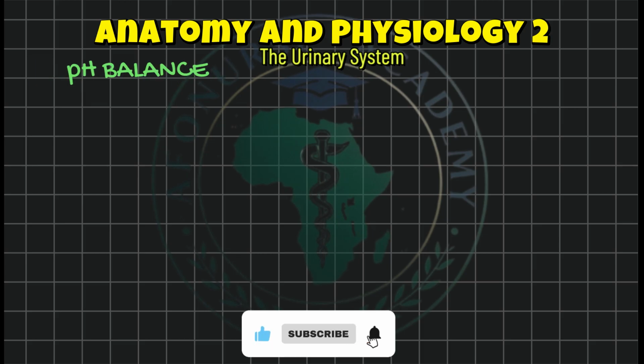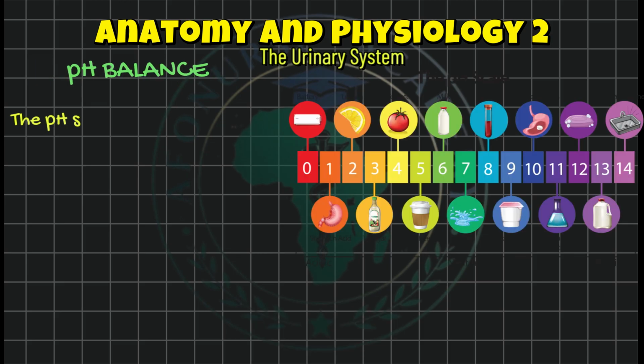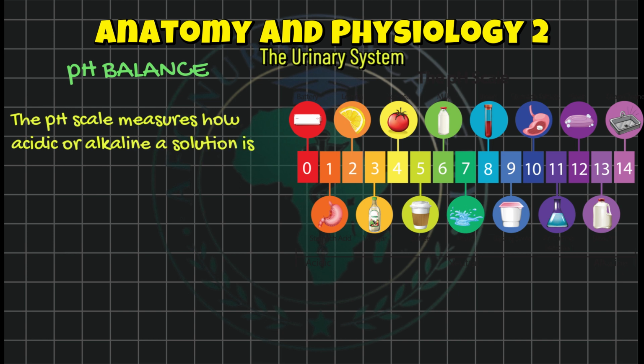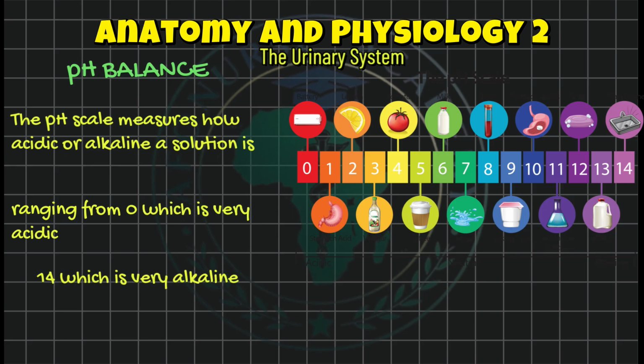Finally, let's talk about pH balance. The pH scale measures how acidic or alkaline a solution is, ranging from 0, which is very acidic, to 14, which is very alkaline, with 7 being neutral. Your blood pH needs to stay within a very narrow range, between 7.35 and 7.45.